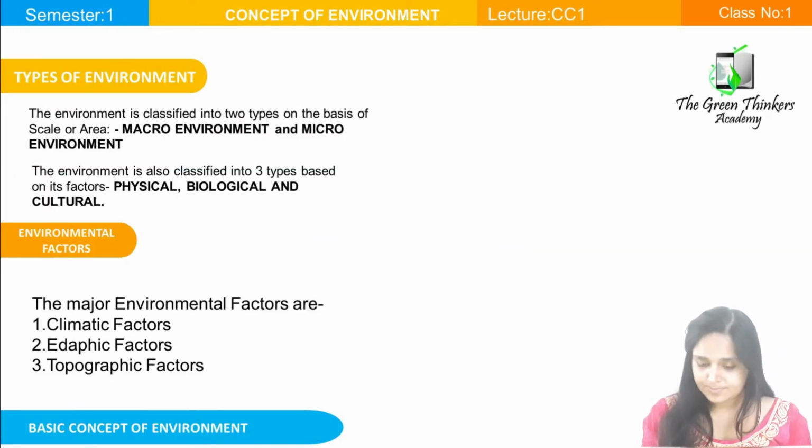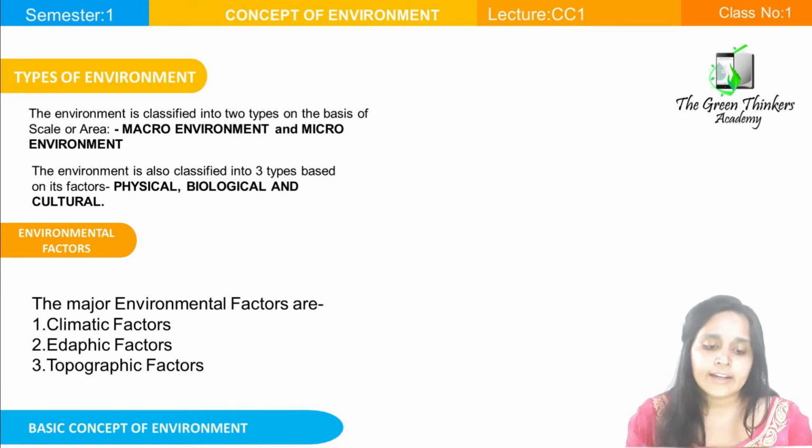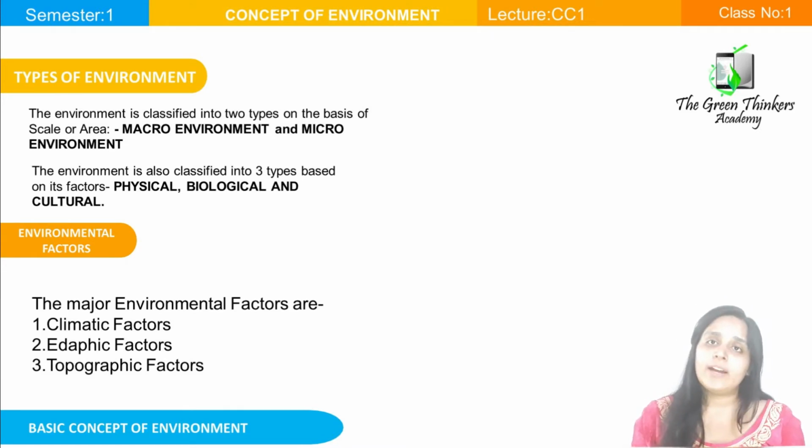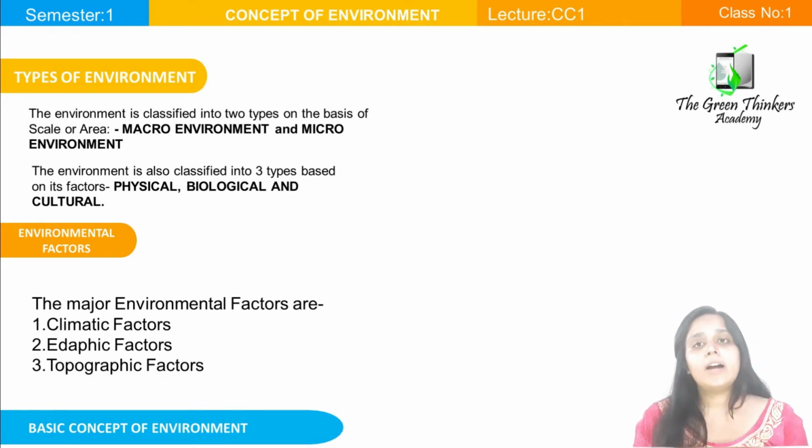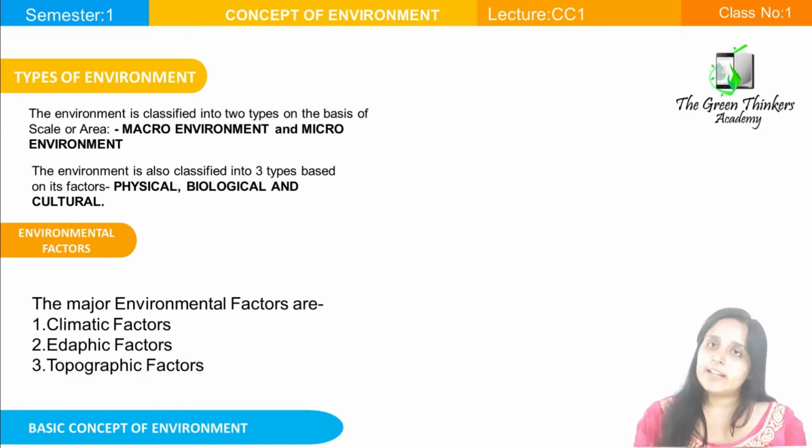Now we have types of environment. So there are actually many types of environment, but here I would like to explain about the micro and the macro environment. Actually, this macro environment is defined for a large scale of environment, okay, and long-term environmental conditions that affect the organism.